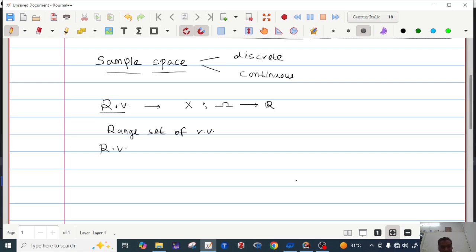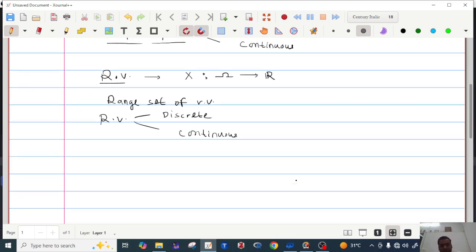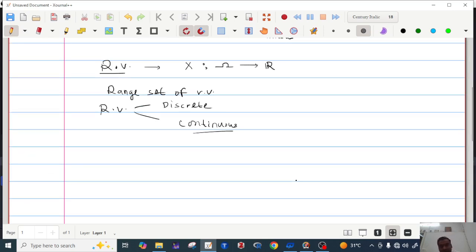There are two types of random variable: one is discrete and another is continuous. It is based on what the range set of your random variable is. Our interest is in the continuous random variable, and whatever definitions or concepts we will learn in this chapter are all for the continuous random variable.